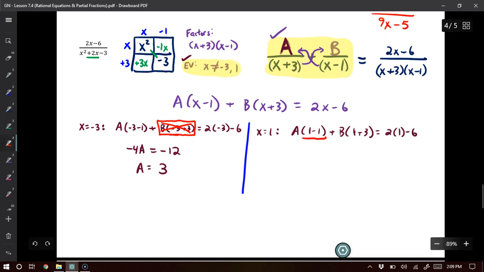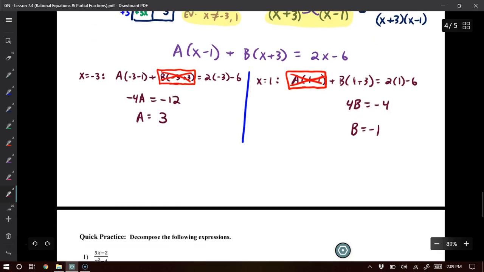Let's see, 1 - 1 is 0. 0 times anything. Look at that. The other one cancels. And I get B times (1 + 3), so that'd be 4B. 2 times 1 minus 6 is -4, so B is -1. And so now I know the value of B.